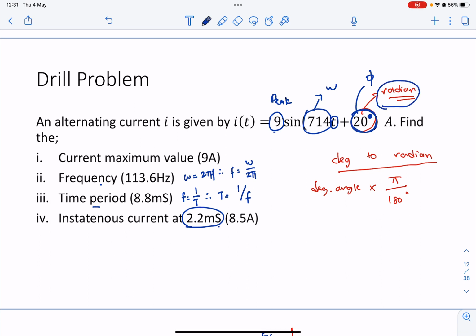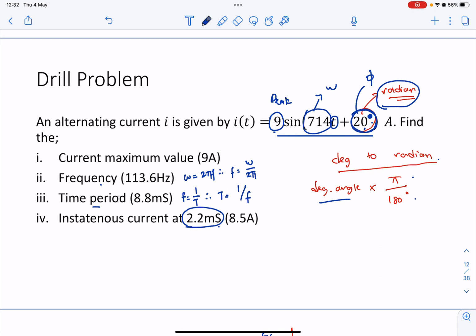So how to convert this into radian? Dia punya formula is degree angle kali dengan pi divided by 180 degree. So once kamu sudah dapat convert this degree into radian, barulah kamu masukkan this value dalam kamu punya calculator. With this converted jadi radian, then you will get... let me check the answer first. Berapa you punya jawapan? I think it is correct, 8.5?